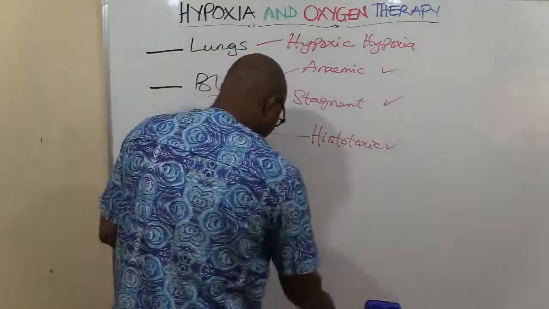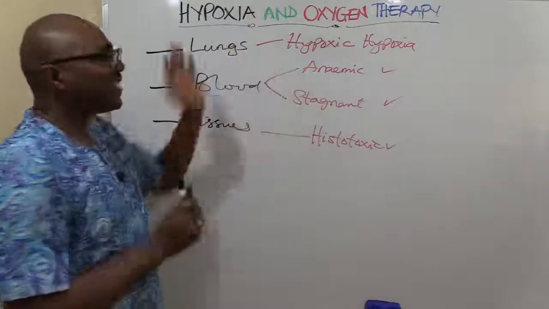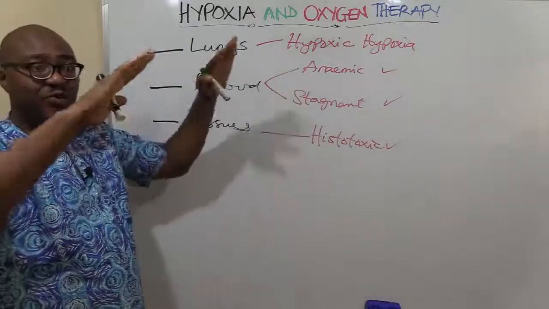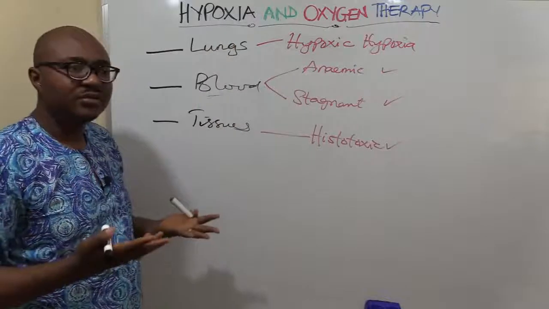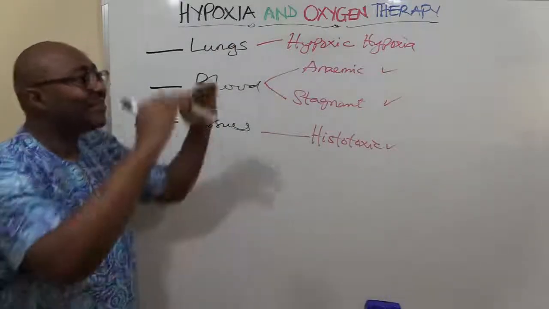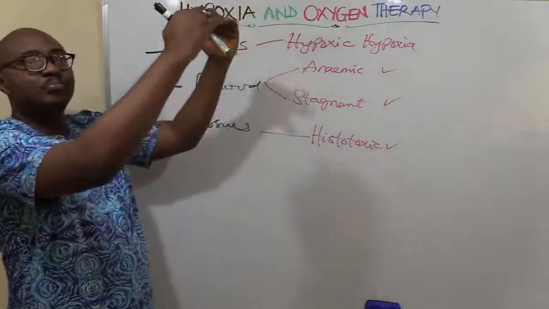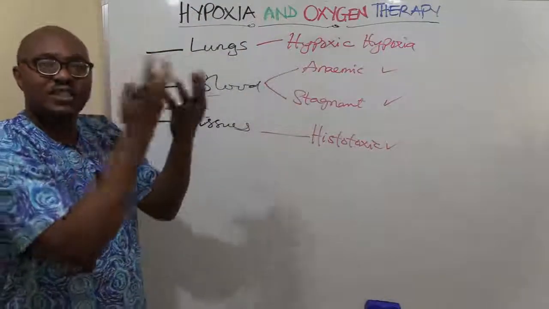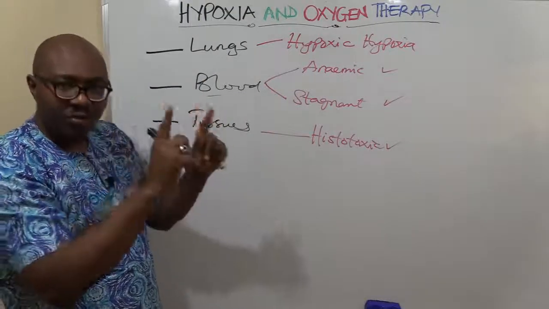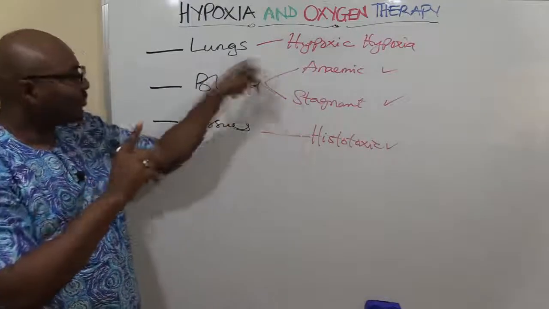Now, hypoxia has to do with, first of all, the oxygen tension or oxygen partial pressure. That means right from the very beginning, there is no oxygen in the atmosphere. That is the number 1 cause at the lungs.